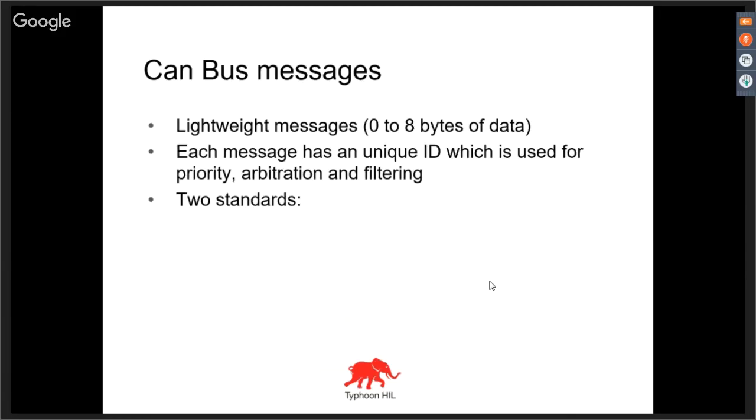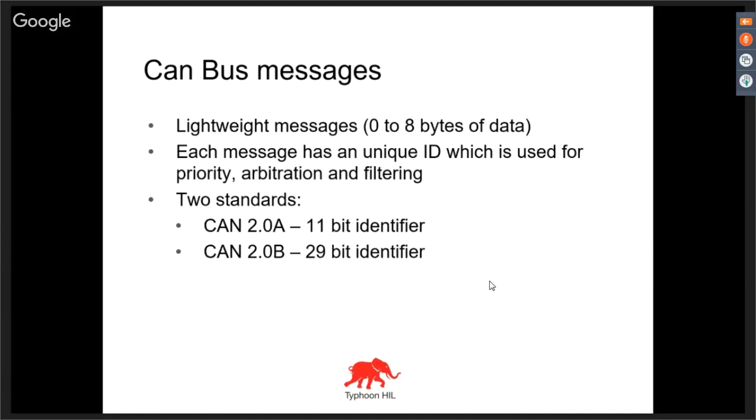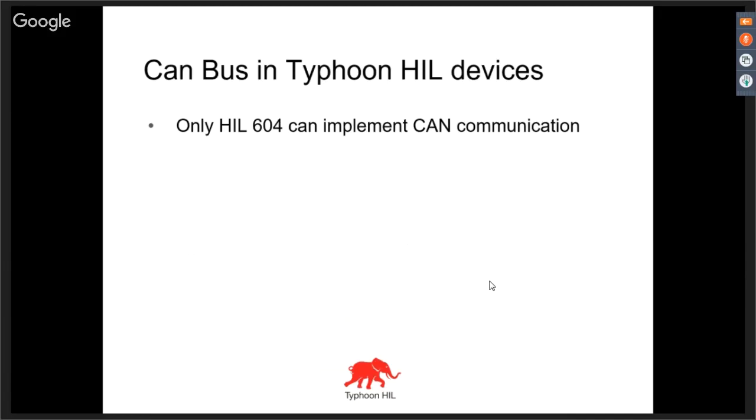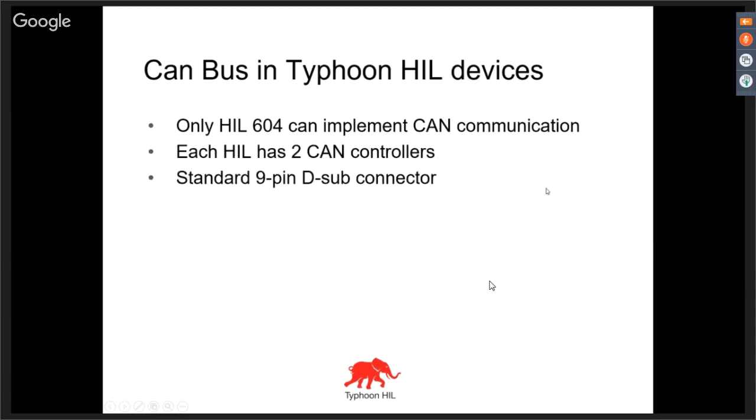Two variants of the standard exist. There is CAN 2.0A, which has an 11-bit identifier, and 2.0B, which has a 29-bit identifier. In our toolchain, only HIL604 can implement CAN communication because dedicated hardware CAN controllers must exist in a Typhoon HIL device to communicate, and only HIL604 at this moment has CAN controllers, and each HIL has two CAN controllers with a standard 9-pin D-sub connector.